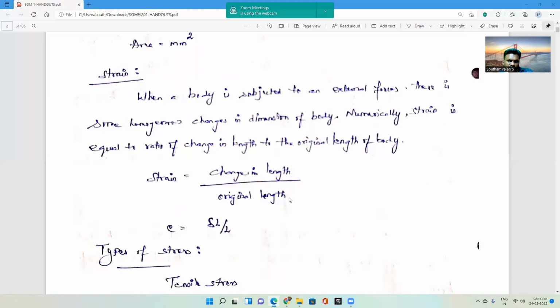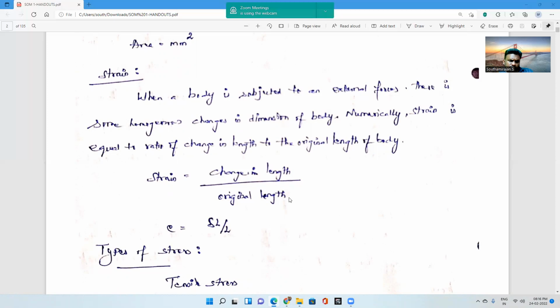Strain along the length direction is change in length by original length. Strain along the thickness of the member is change in thickness divided by original thickness. Strain along the breadth direction is change in breadth by original breadth.